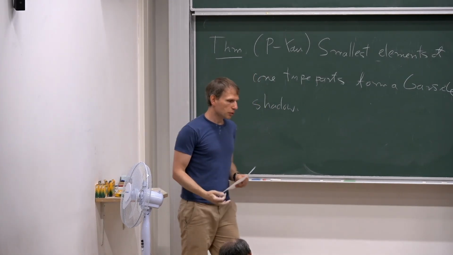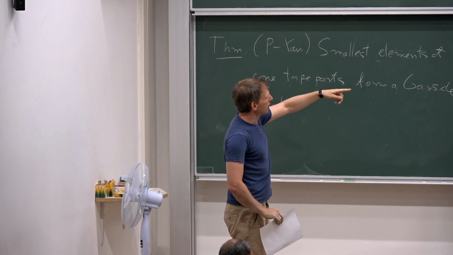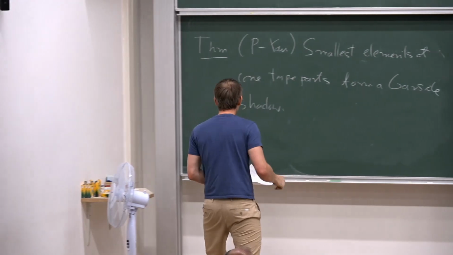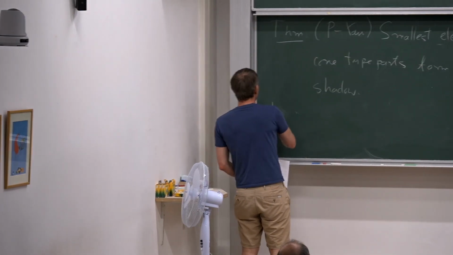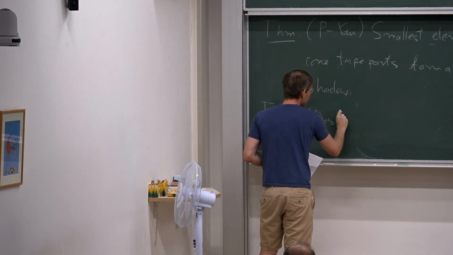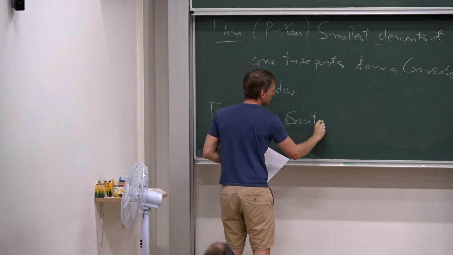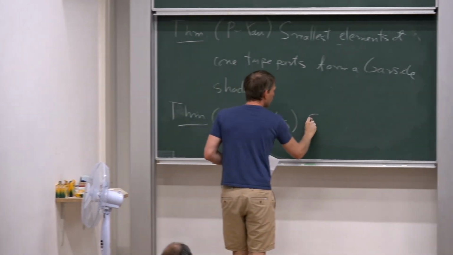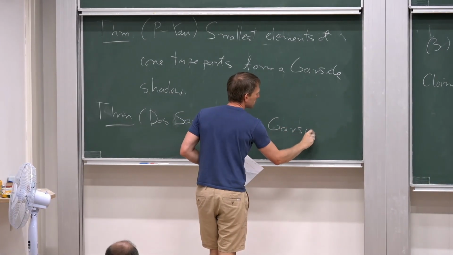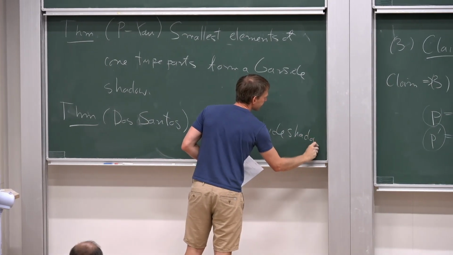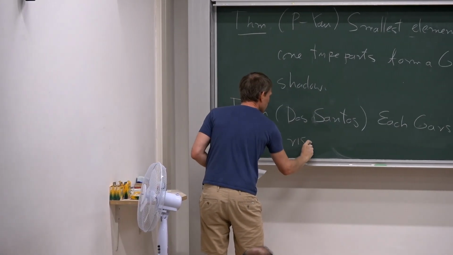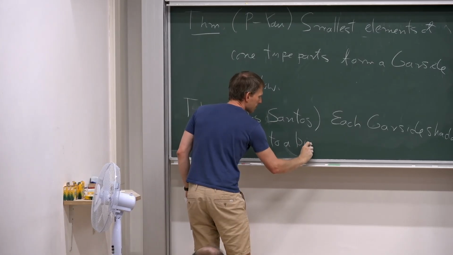So the axioms are satisfied, which means at least you know already today that there is a nice path system and it satisfies the one-sided fellow traveler property. And a recent development by my student, Fabricio dos Santos, is that this Garside shadow, and in fact each Garside shadow, gives rise to a biautomatic path system.